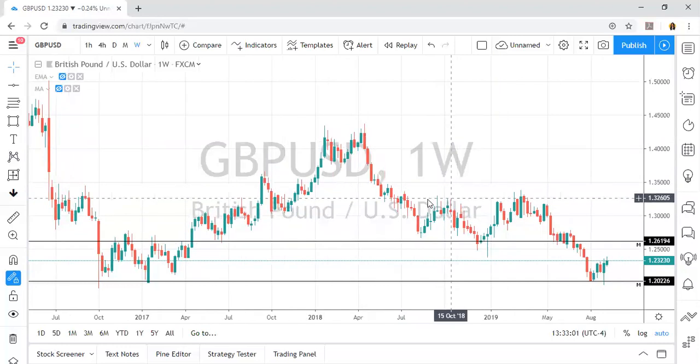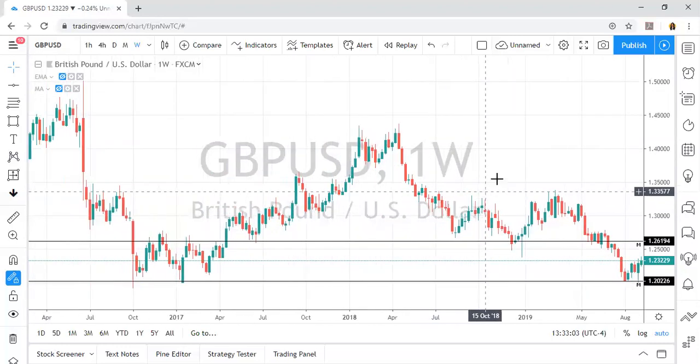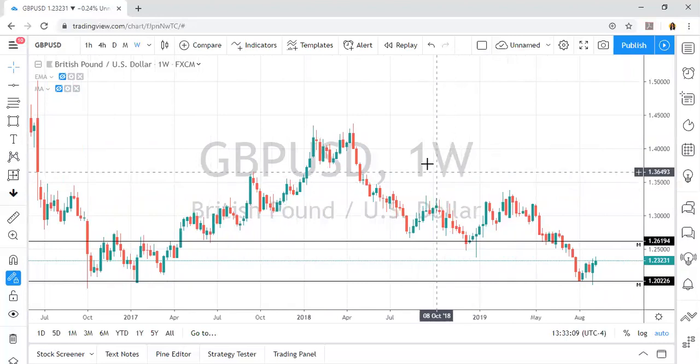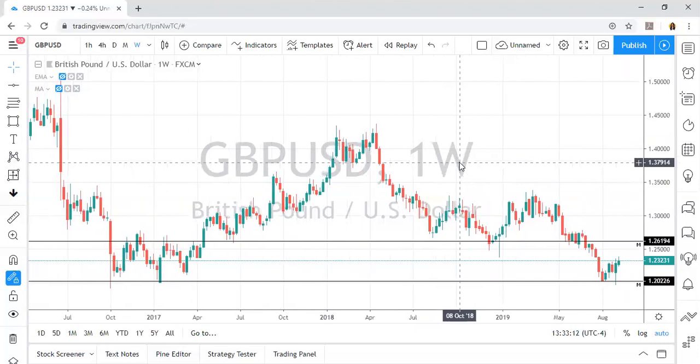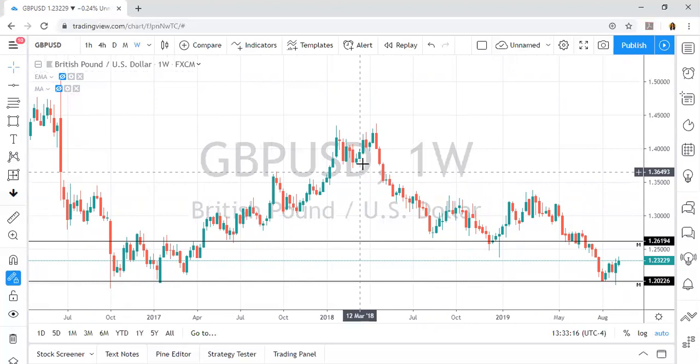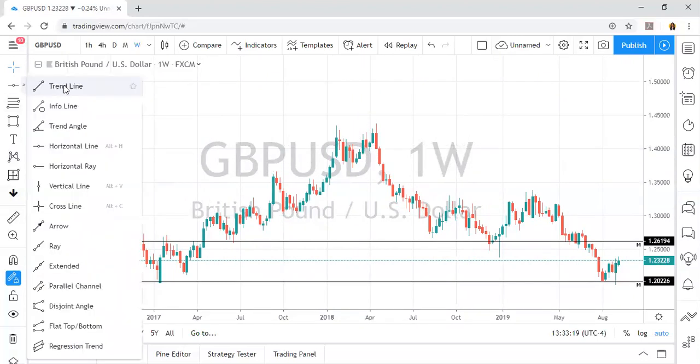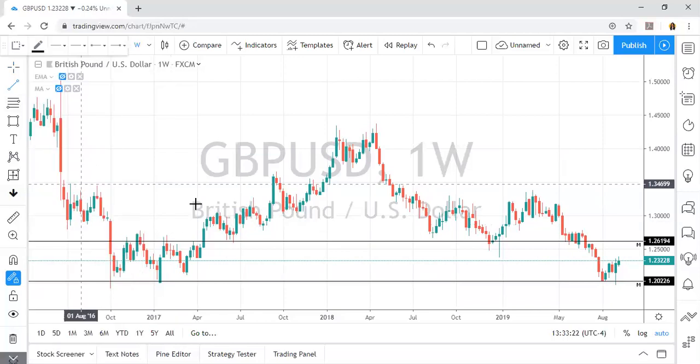So now, just to go ahead and get that rant out the way, I am on this weekly time frame. One of the strategies that I use, besides just putting the moving averages at one period, I'll actually just take the trend line, right?